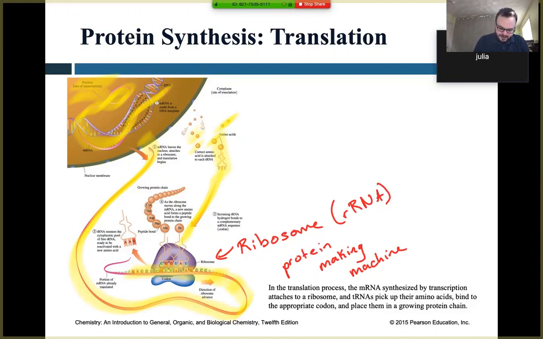As you feed the mRNA through the ribosome, these tRNAs are making their way in, and out the top of the ribosome you're literally popping out a protein, one amino acid at a time, until you hit that stop codon, and then the protein itself is ejected from the ribosome, floats off, and does its job.